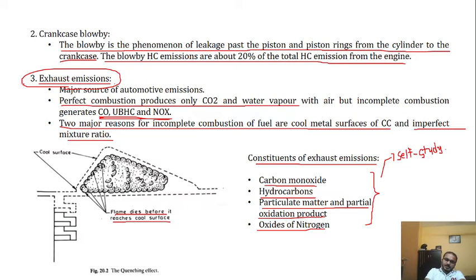The two major reasons for incomplete combustion are combustion of fuel at cool metal surfaces and imperfect mixture ratio. When we have a cool surface of the combustion chamber, the flame dies before it reaches the cool surface.